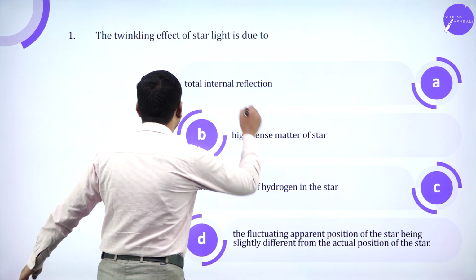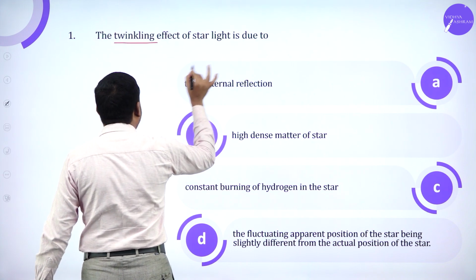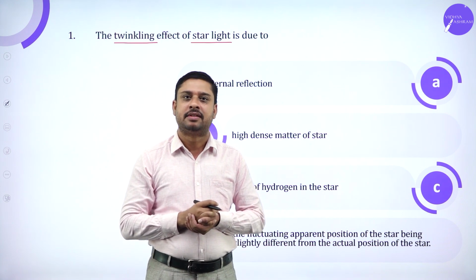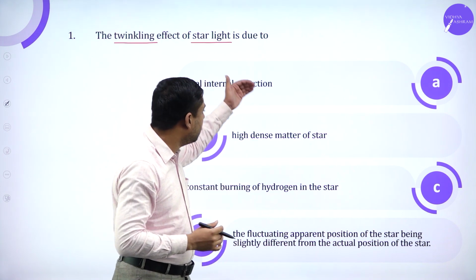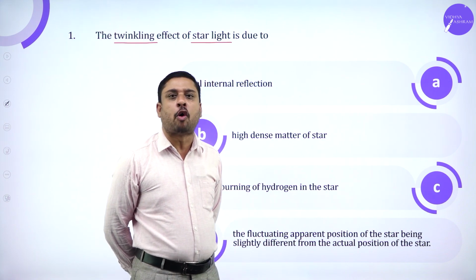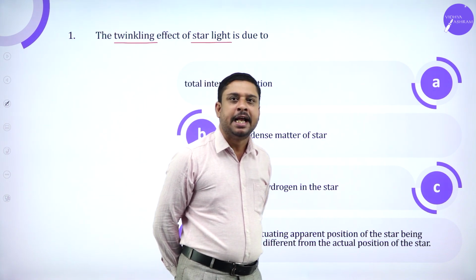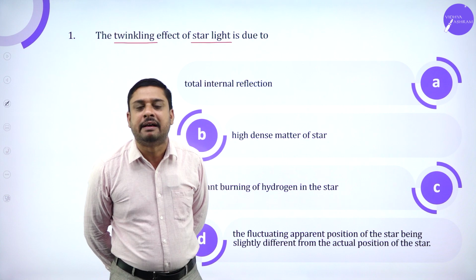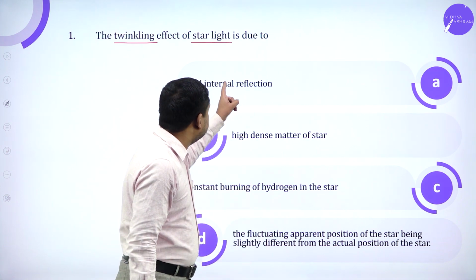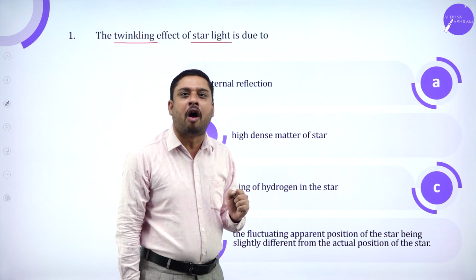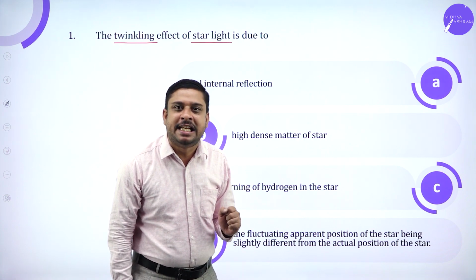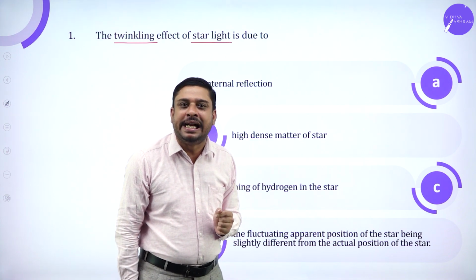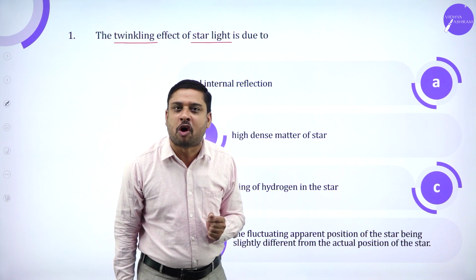The first question: the twinkling effect of starlight is due to one of the four options given. The moment you look at the options, you feel that the correct option is total internal reflection of light.